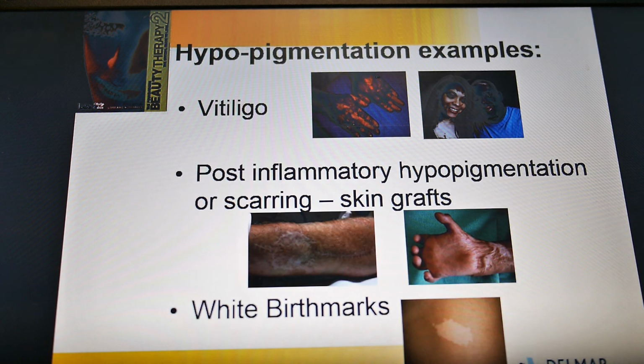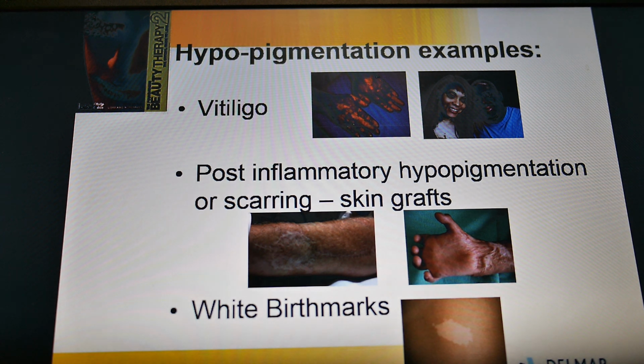Okay, then you've got hypopigmentation, which is a loss of pigment. So it's where you have no pigment in your skin in a particular area. So conditions such as vitiligo, which is complete loss of pigment in certain areas of the skin.